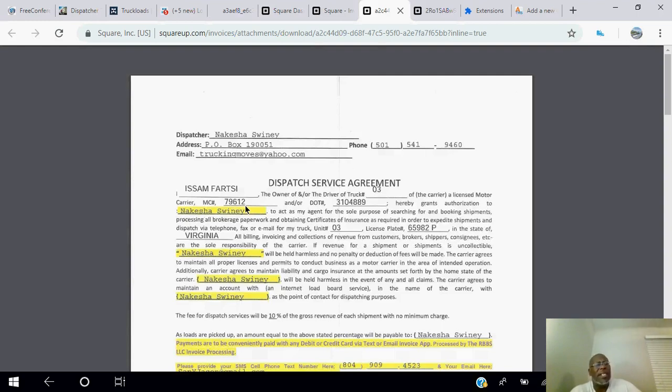Now, if you don't have an authority or DOT number, I would recommend you use a name that's ambiguous, that you use as a trucking company, as a dispatch firm, and as a service that arranges what? The transportation of vehicles. Gotcha. Okay.